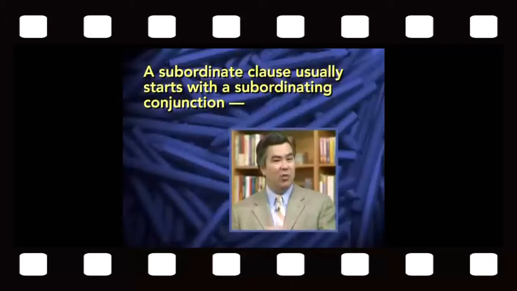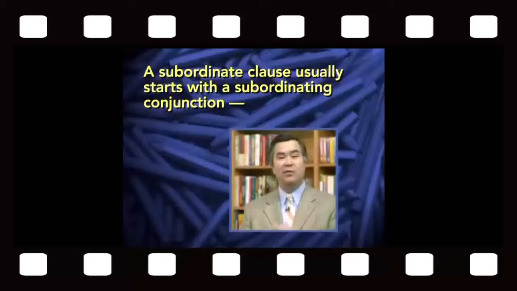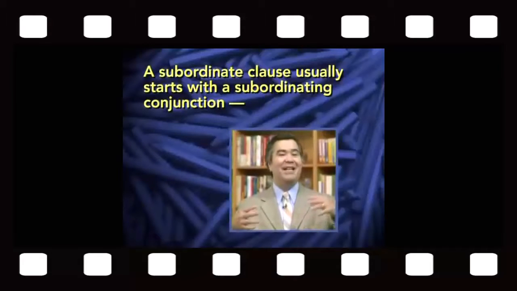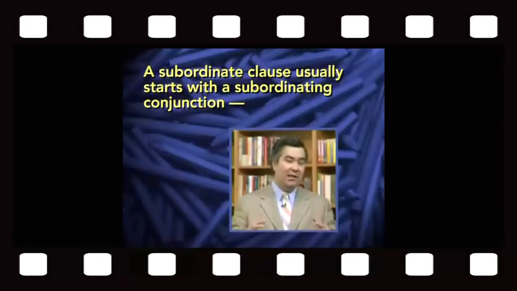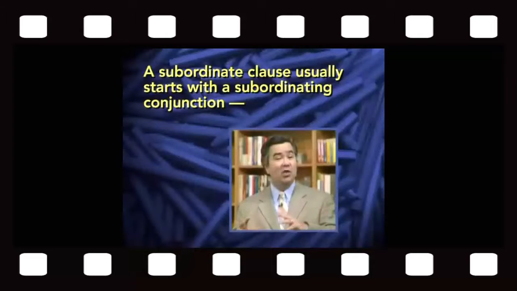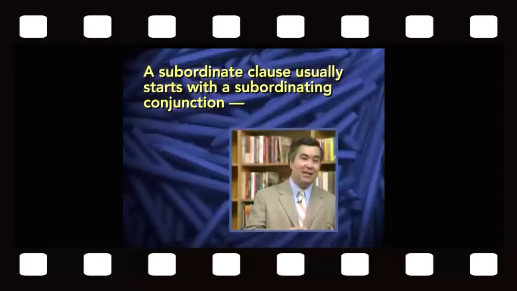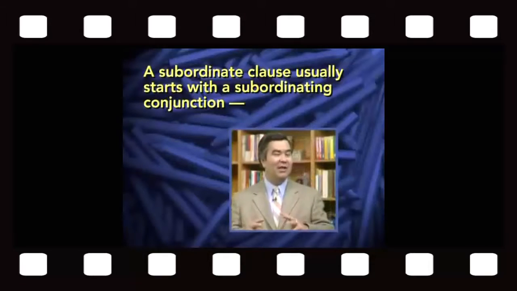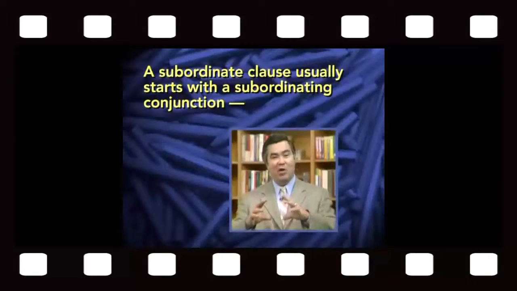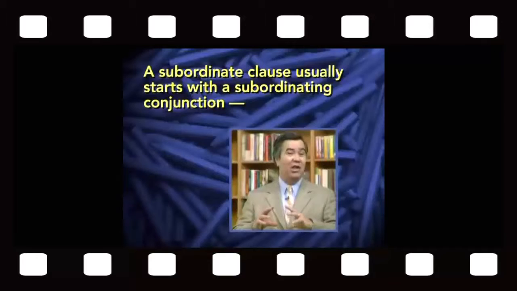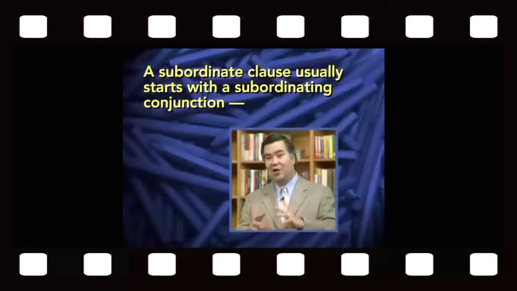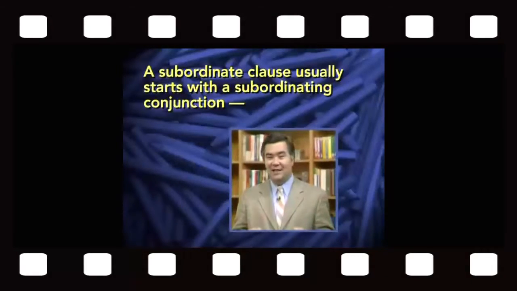A conjunction is a word that connects two groups of words, and the word subordinating means making something less important. So a subordinating conjunction is a word that connects the subordinate clause to the rest of the sentence and makes the subordinate clause less important. Because the subordinating conjunction is present, the subordinate clause can't stand alone as a sentence.